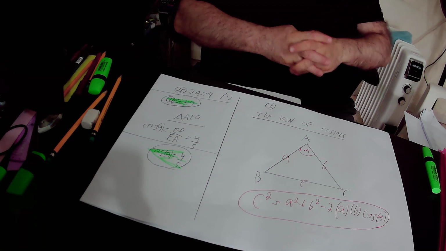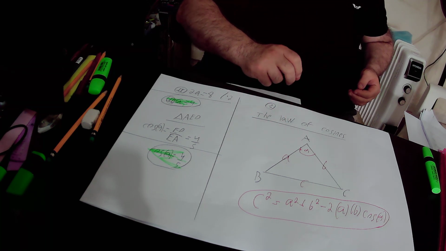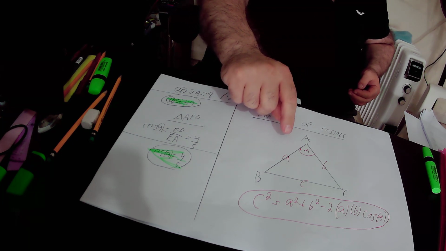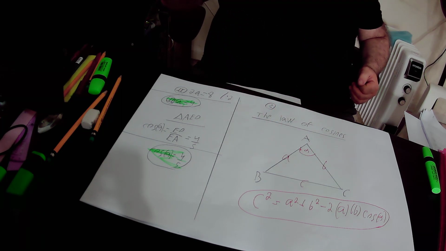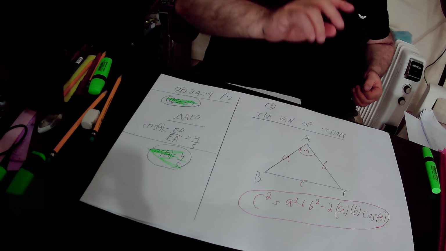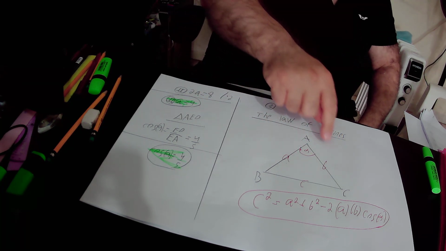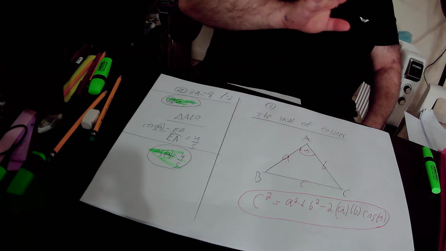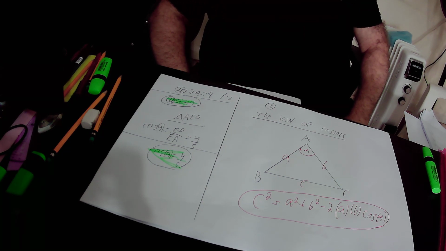In triangle ABC, the length of side AB is A units, the length of side AC is B units, the length of side BC is C units, and the angle between sides AB and AC is alpha. Then according to the law of cosines, C squared equals A squared plus B squared minus 2 times A times B times cosine alpha. You can use this equation in any triangle.